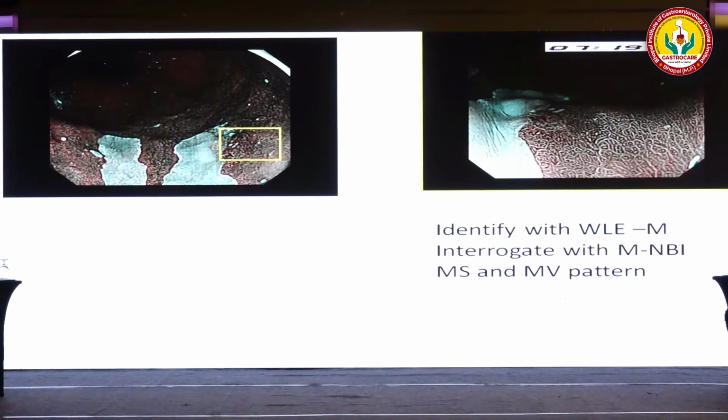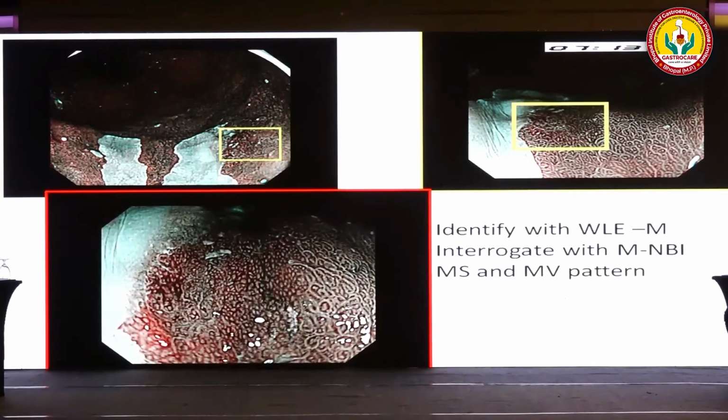So here again, looking, we're not finding anything very obvious. Does it look normal? But when you use your zoom, you can find out very clearly that this area here, which is also here but can't see too well, but here you can definitely see that there's a change, abnormal vessels, abnormal surface pattern.